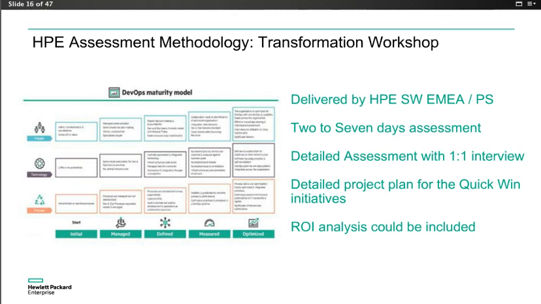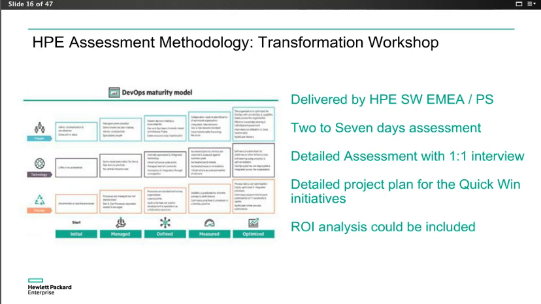And this transformation workshop starts with a detailed assessment with one-to-one interviews with key stakeholders. It helps a lot because these interviews are not influenced by others, in comparison with a workshop where all stakeholders are at the same time, at the same place, and they interact and can maybe influence each other's minds.